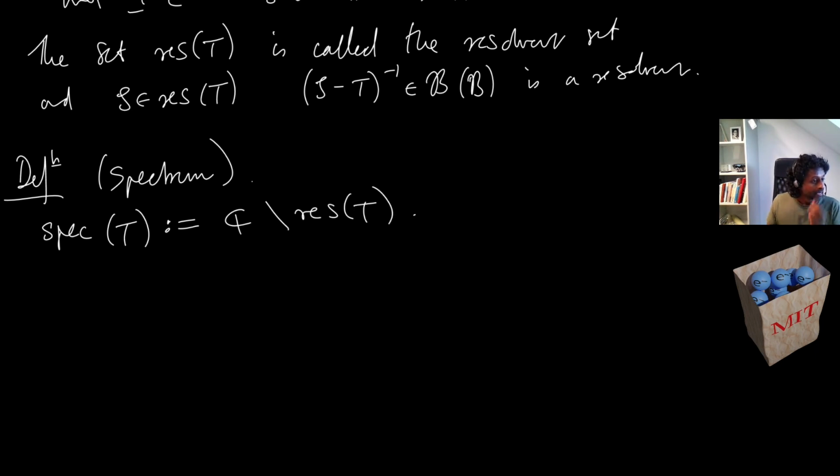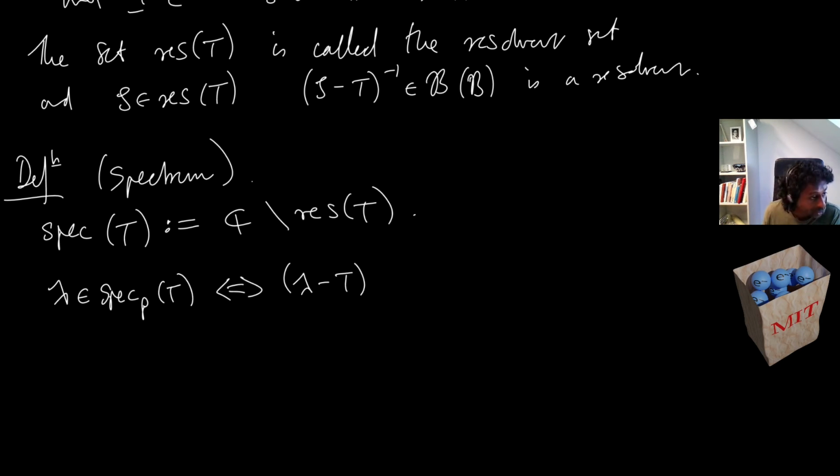Okay? And there are three kinds of spectra. We say that lambda is in spec P of T, so this is the point spectrum, if lambda minus T fails to be injective. This is called a point spectrum. It's like an eigenvalue, okay?